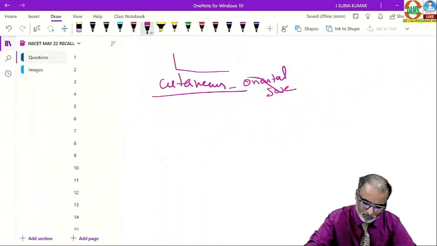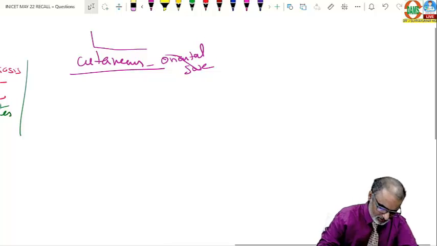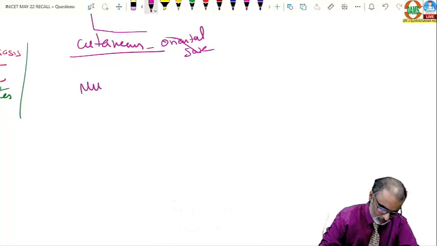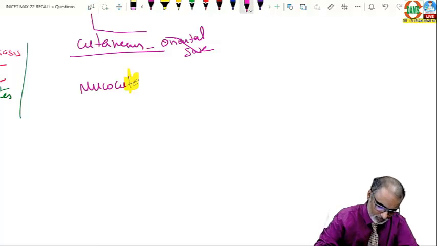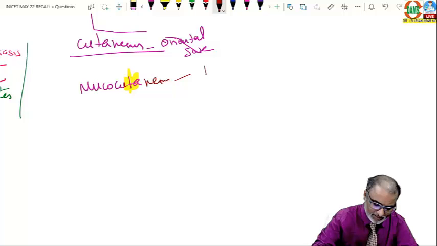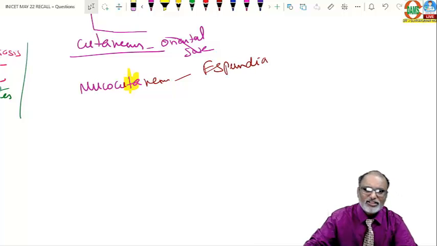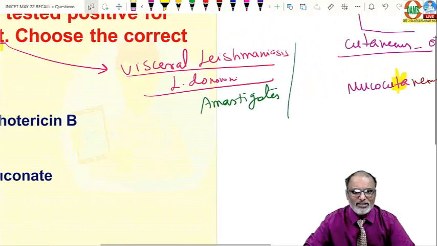Another one is mucocutaneous. We call it as espundia. Chiclero ulcer, many are there.